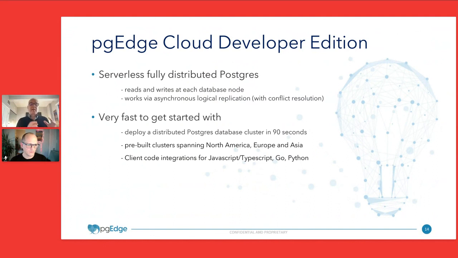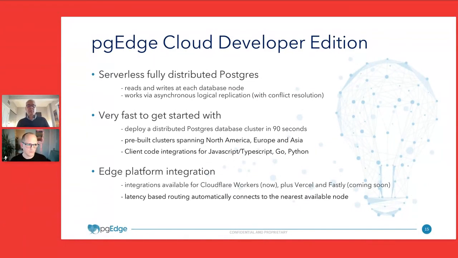We're providing pre-built clusters that span North America, Europe, and Asia in various configurations. And we provide client code integrations for popular languages. I talked about the Edge platform integration. Cloudflare Workers is available now, and Vercel and Fastly support is coming soon. And a really cool feature of pgEdge Cloud is latency-based routing.